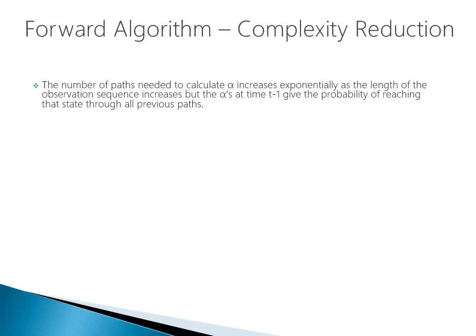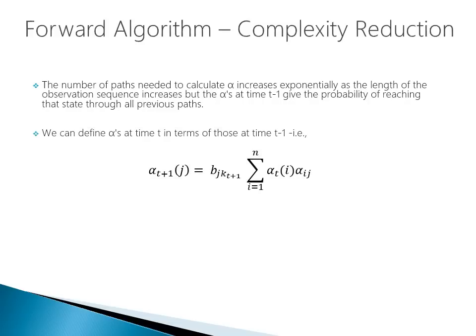The number of paths needed to calculate alpha increases exponentially as the length of the observation sequence increases, but the alphas at time t minus 1 give the probability of reaching that state through all previous paths. So we can define alphas at time t in terms of those at time t minus 1 through the following expression.